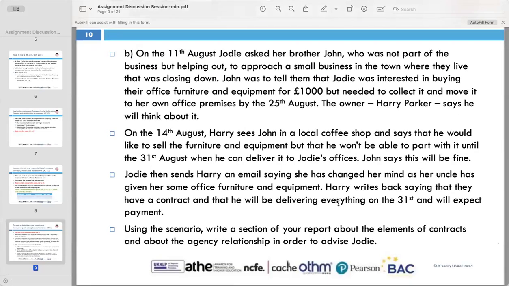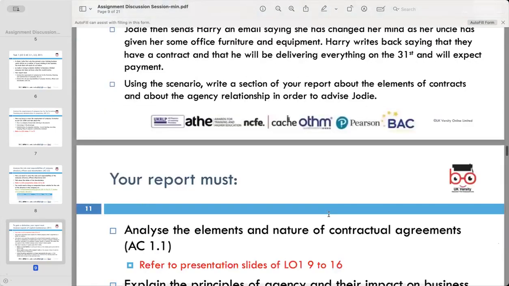And Harry responds stating that there is a contract in place and that he will deliver everything on the 31st of August, expecting payment. Write a report section discussing the elements of contract and the agency relationship to provide advice to Jody based on the circumstances.